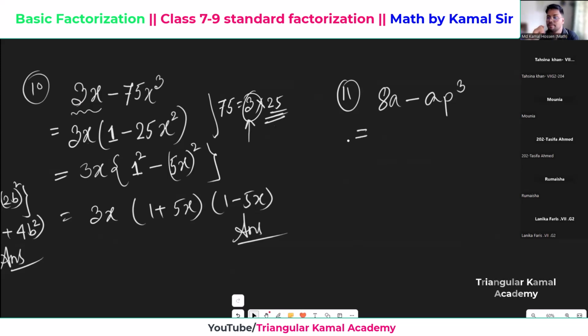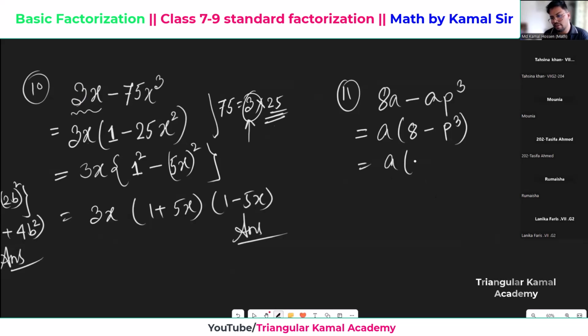Give attention to the expression and let me know how we can start it. Anyone, please? We can take a common. Yes, a is common. So 8 minus p cube. First line is complete. Second line, please.